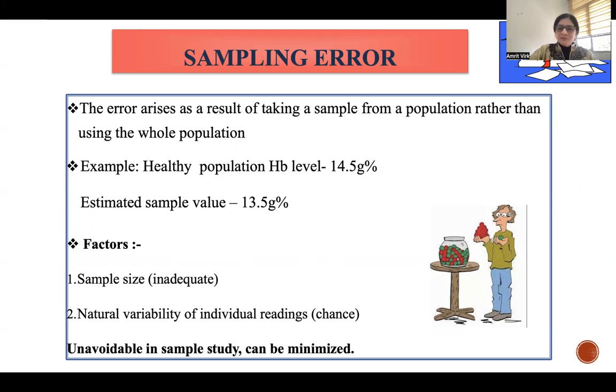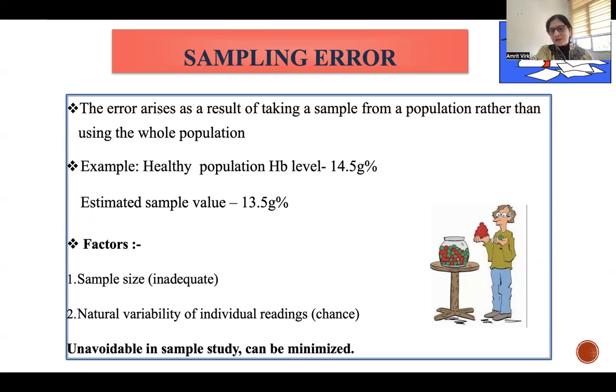For example, if the healthy population hemoglobin level is 14.5 gram percent, and in the estimated sample the hemoglobin level comes to 13.5 gram percent, you have an error of about 1 gram percent between the findings of the study done on a sample as against the population hemoglobin level.